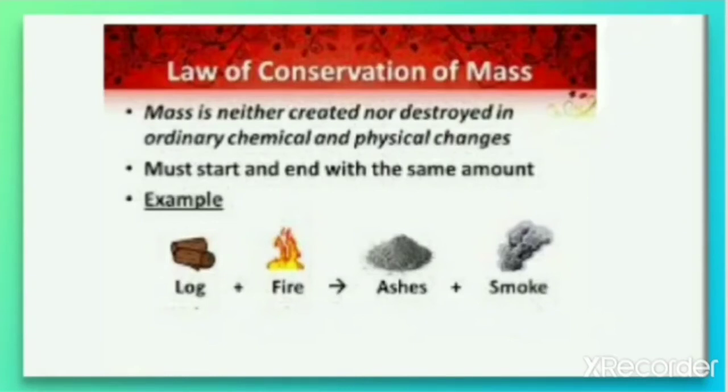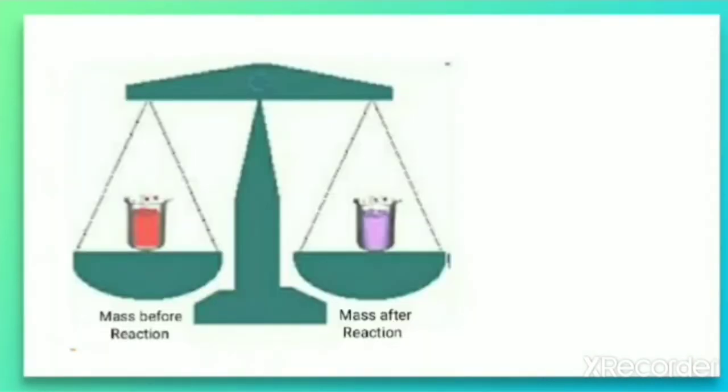When you make the sum, you get equal mass. So here also the law of conservation of mass is applicable. If you weigh the substance before the reaction and after the reaction, you get the same mass.